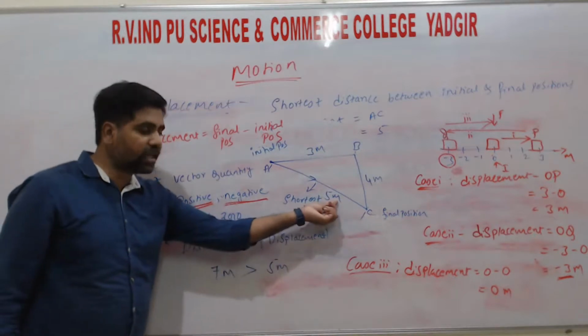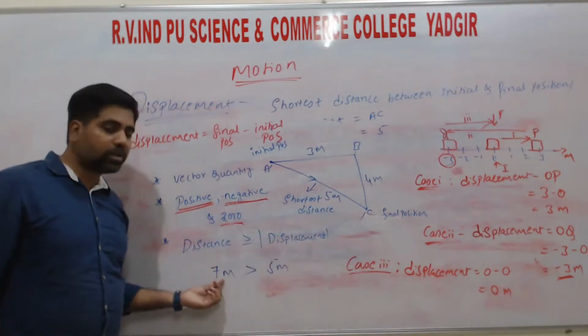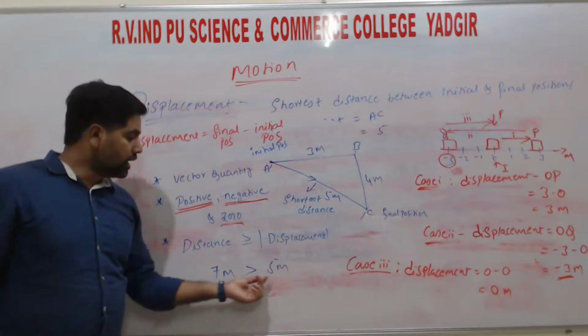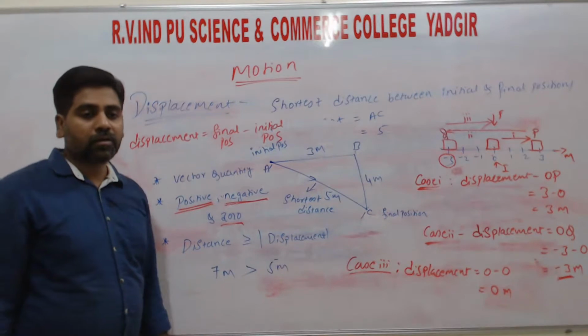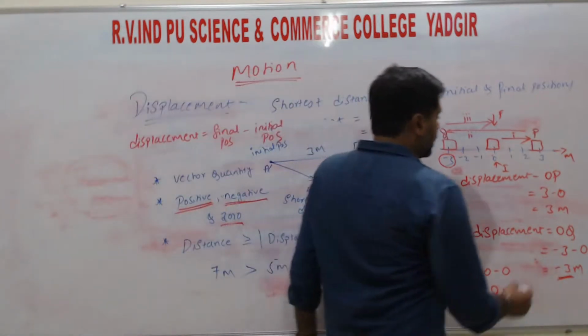So displacement is how much here? 5, and distance is how much here? 7. That means 7 is greater than 5, that means distance is greater than displacement, right? So next, consider here.